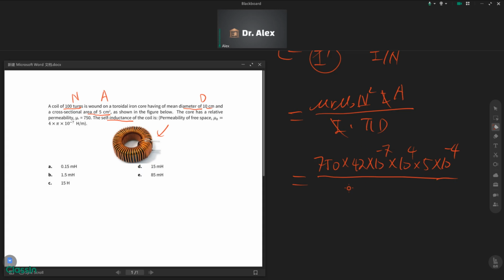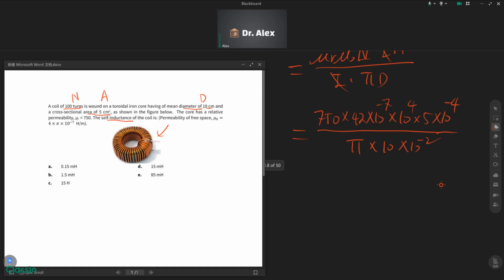And this is pi times d, which d is 10 times 10 to the power of minus 2. So we just solve this equation, which can be easily calculated because the pi can be removed, right? It will be 15 millihenry. That's the final answer.